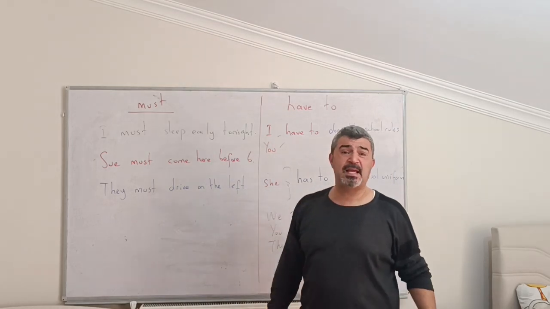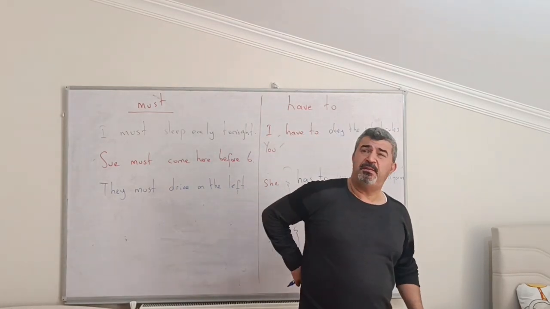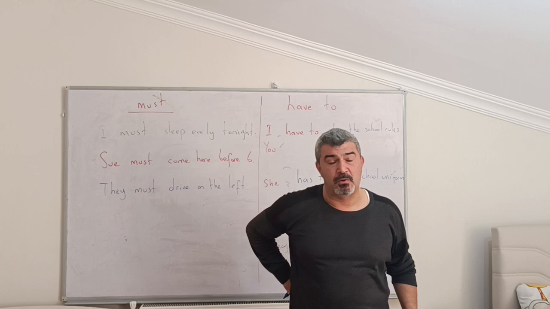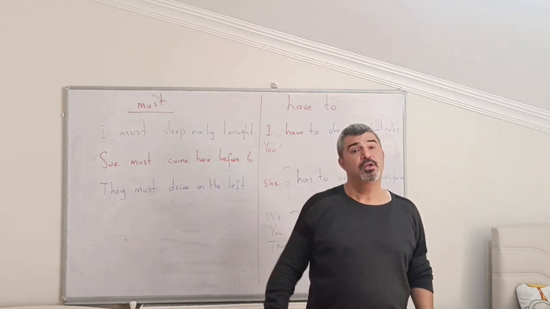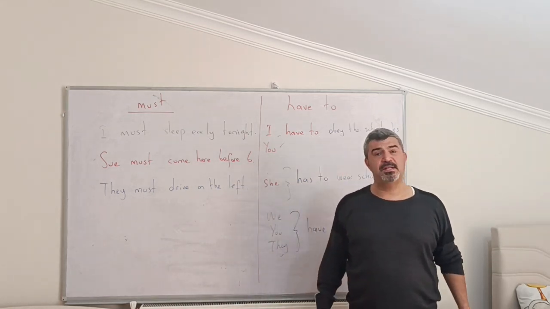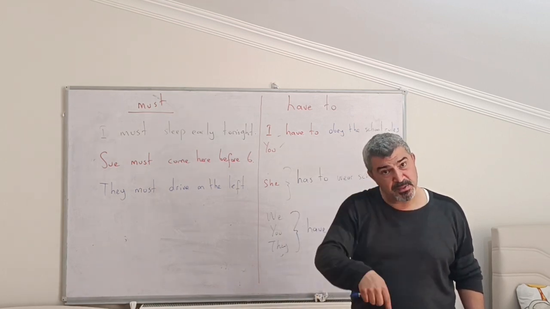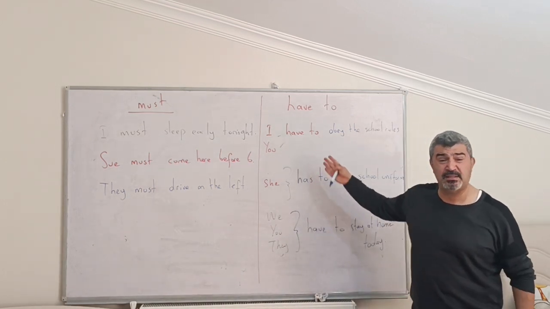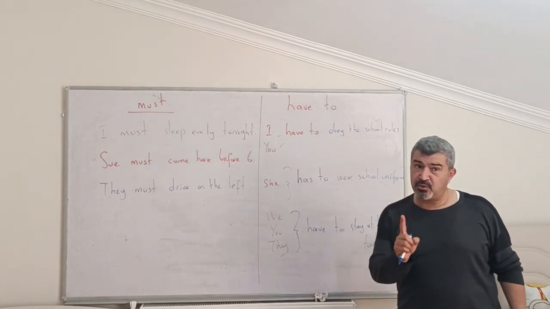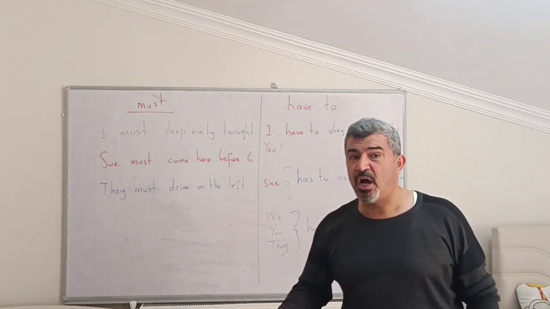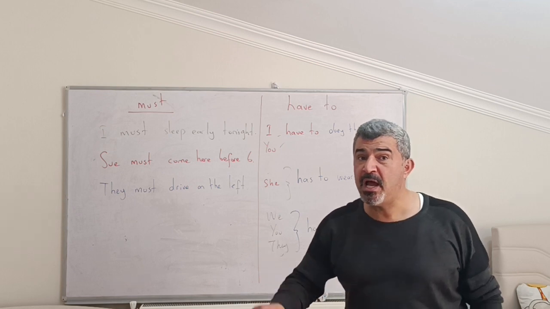For example, you can say, I must visit my grandfather tomorrow. It is for the future. You can say, I must visit my grandfather now. So it is for the present time. It is the same for have to and has to.